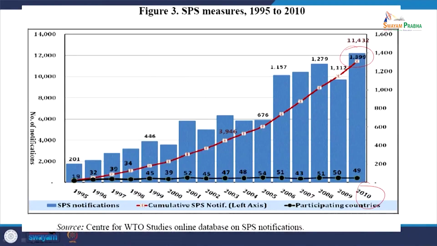Look at the SPS notifications highlighted in the bar diagram, whereas the cumulative SPS notifications are explained in the line diagram, whereas the other participating countries are also mentioned, and their rate is not rising.